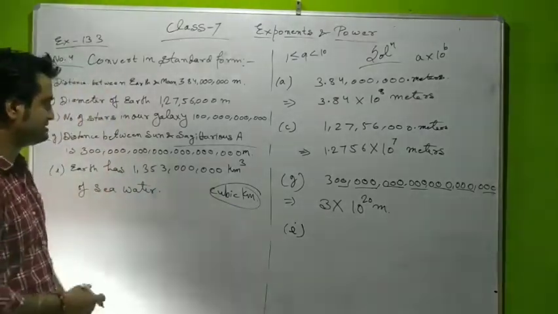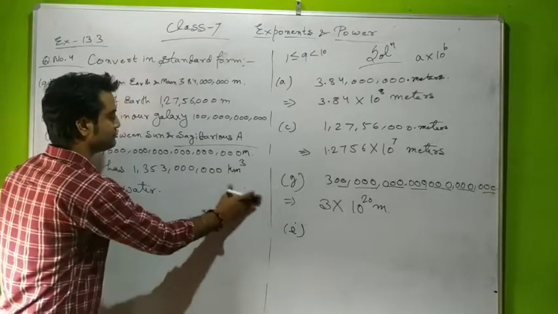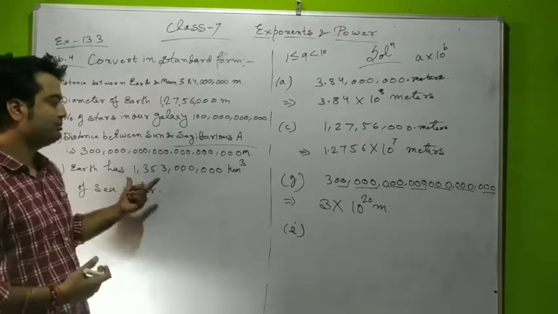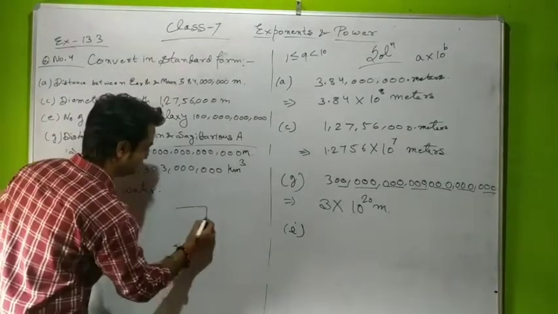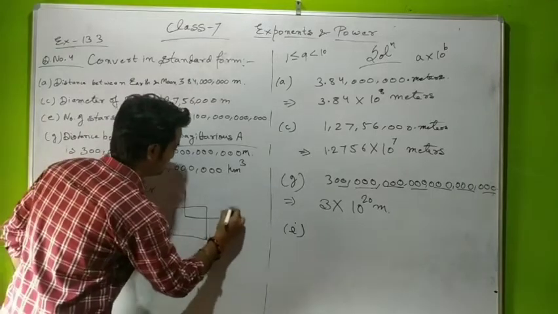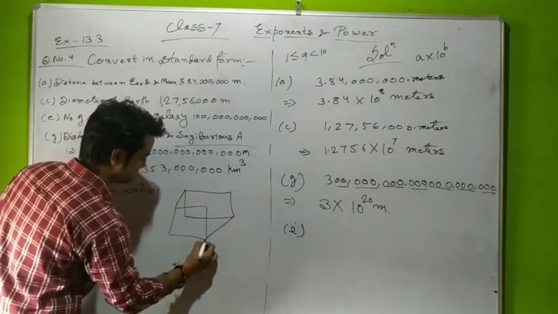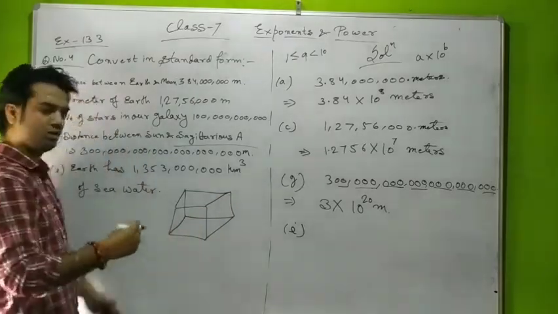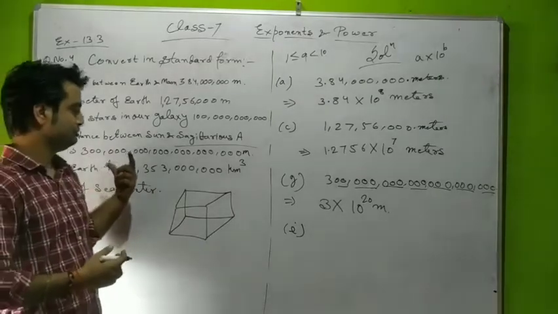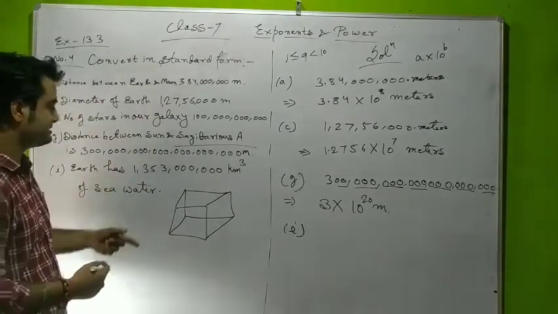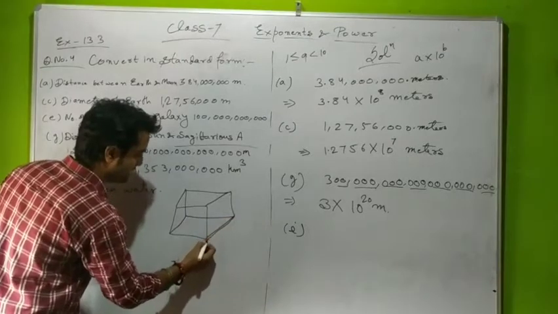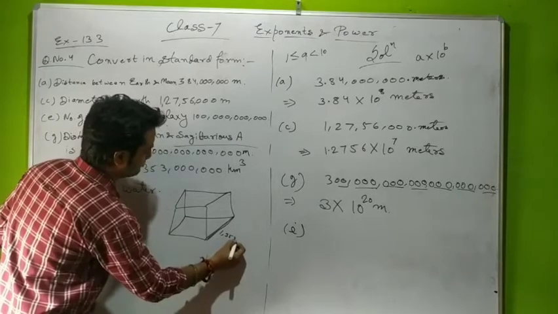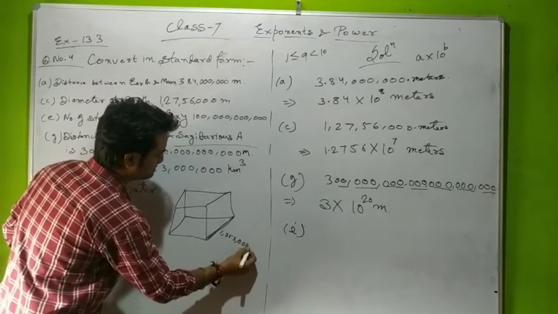This sentence means that if we want to store all of Earth's water in a container, and we make the container in the form of a cube, suppose we want to store all of Earth's ocean water in it, then its side should be of length 1,353,000,000 kilometers.